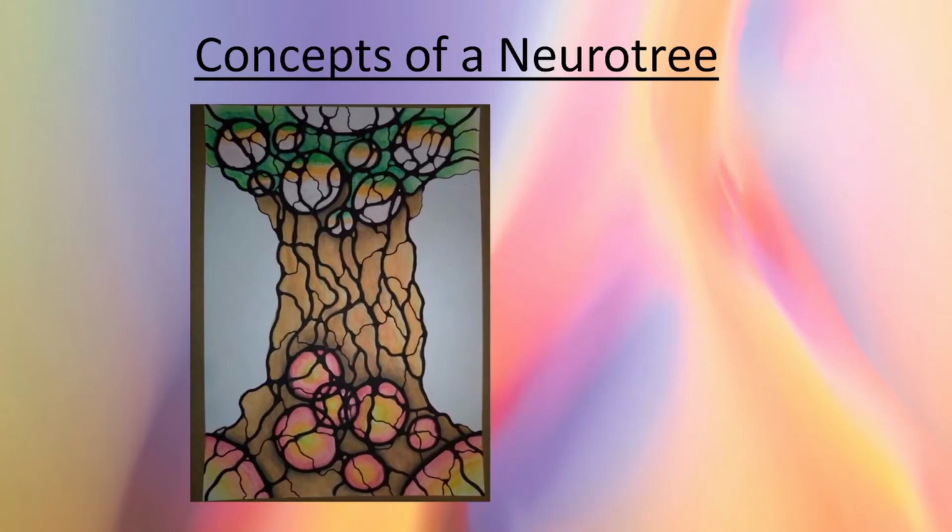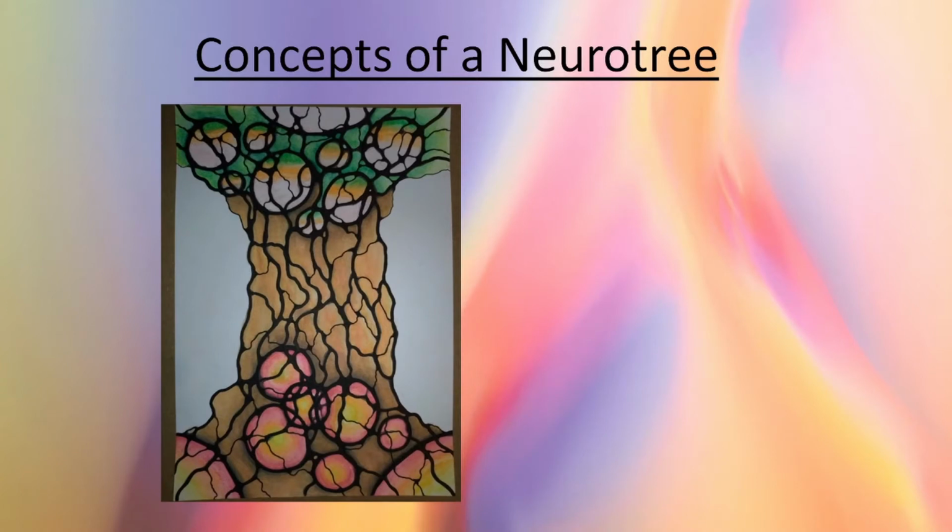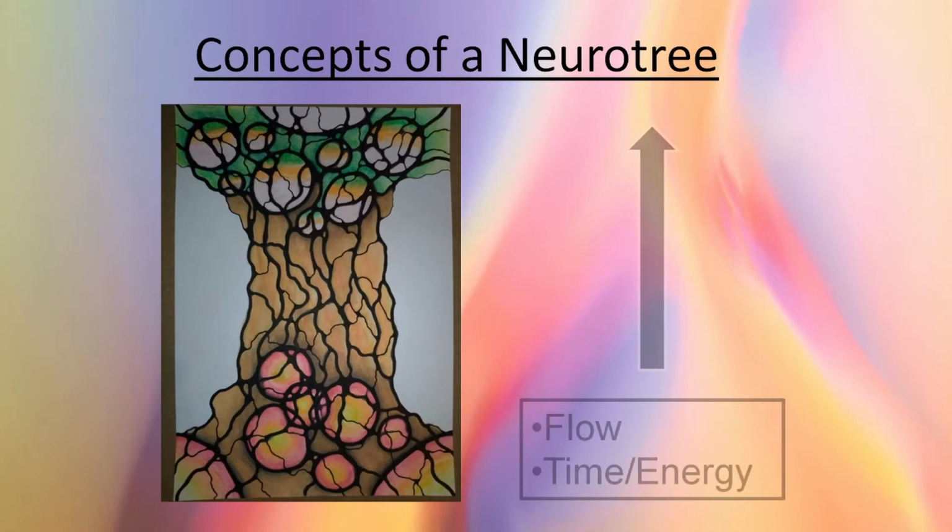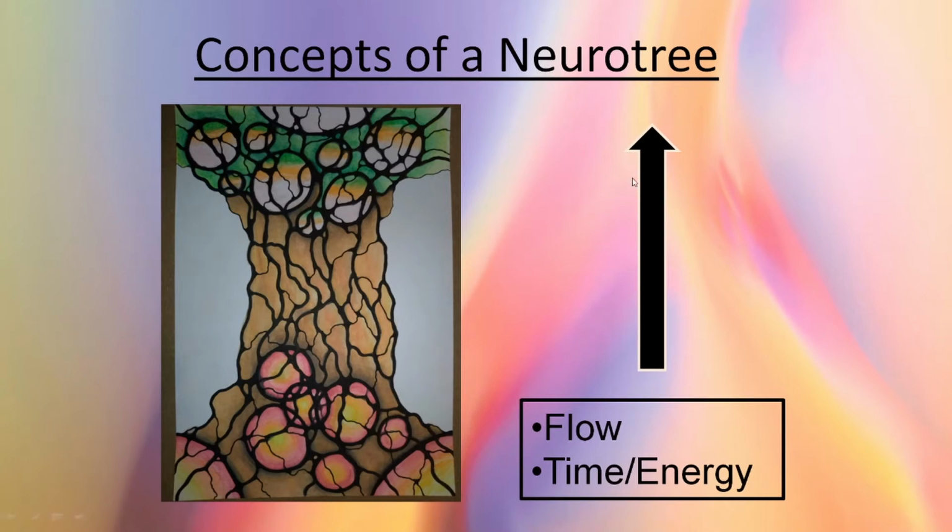Once you have registered it, because it is the flow of how this Neurotree should be, it is the metaphorical concept, not the actual flow. Your brain registers this metaphor of upward movement. So in this case, it's the upward movement flow of time and energy from the bottom to the top. Alright?